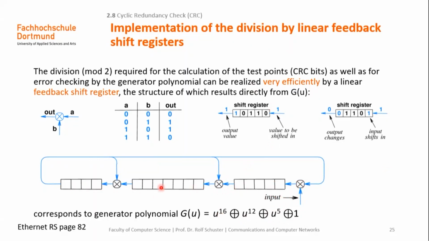What is important to understand is that if you insert a lot of bits into this shift register, finally we will get a number of 16 bits that are the CRC using this polynomial generator.